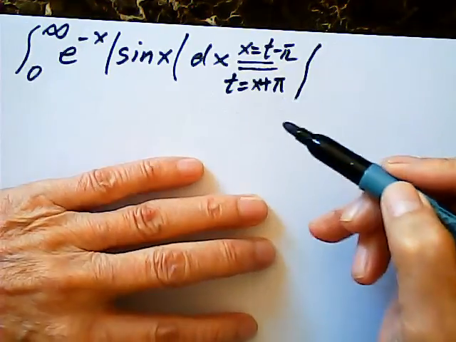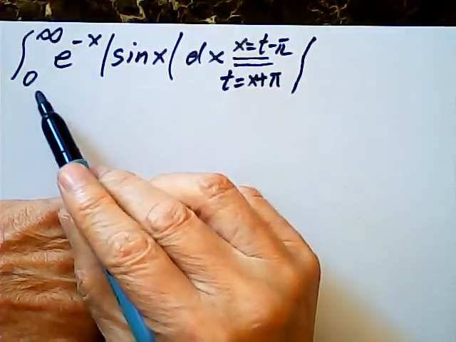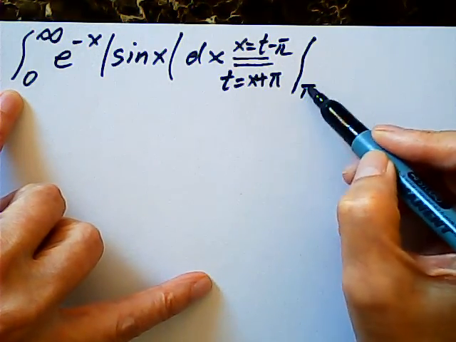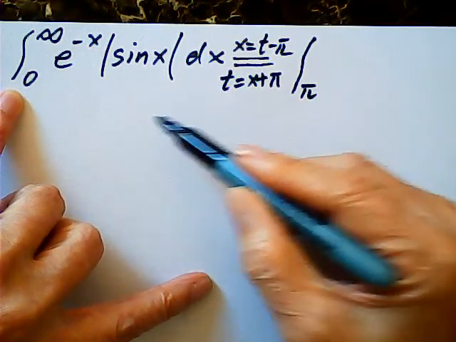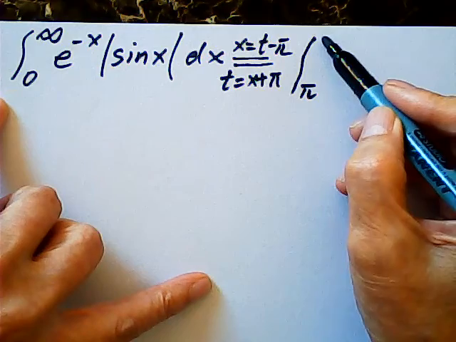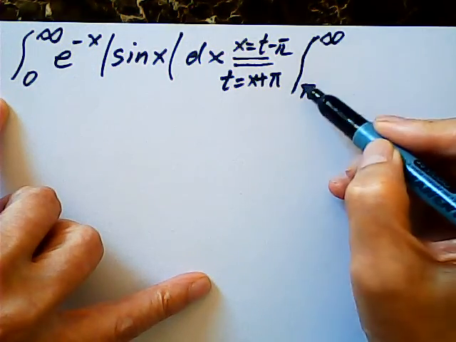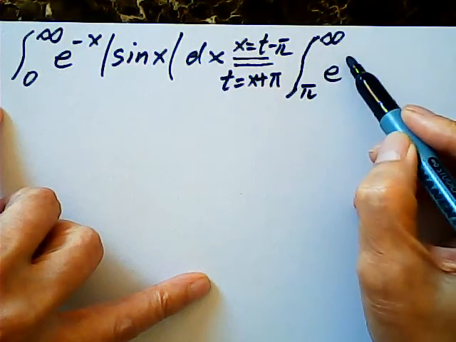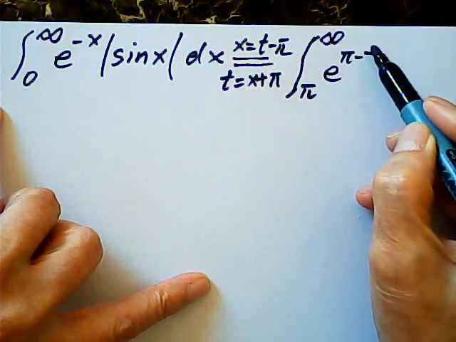Then the integral: when x is 0, t is pi. When x is infinity, t is infinity. And e to the negative x becomes e to the pi minus t, isn't it?